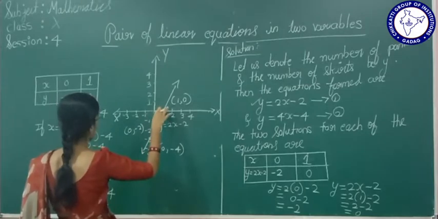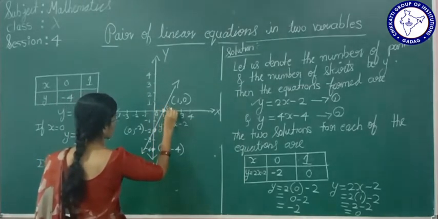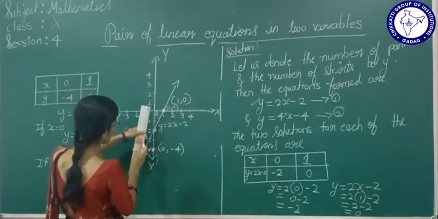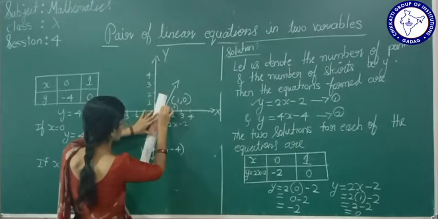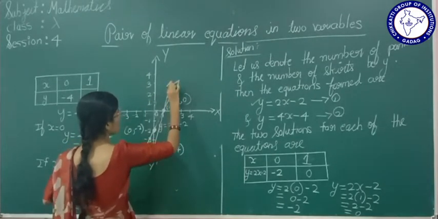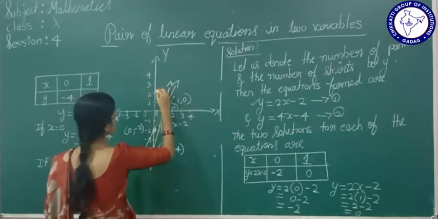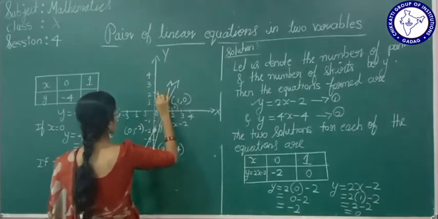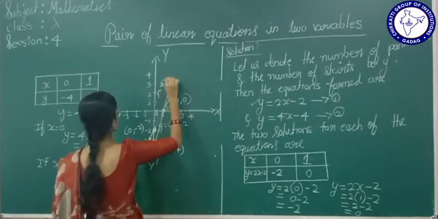When x is 1, y is 0, so here it is (1, 0). Now we are going to join this. Okay, this is the line for the equation y is equal to 4x minus 4.